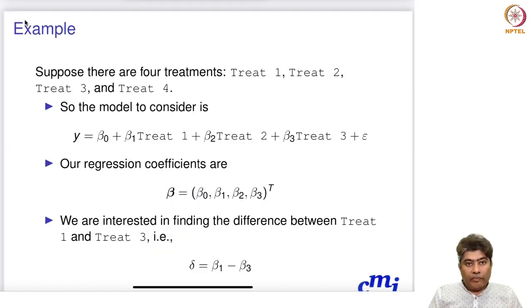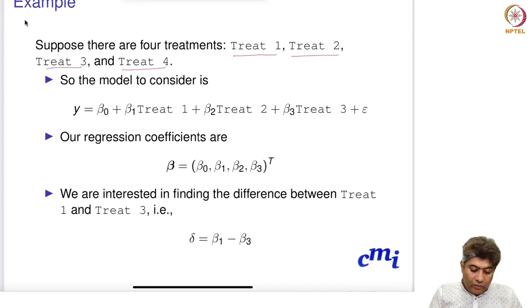Now another example we will do. Suppose there are 4 treatments, treatment 1, treatment 2, treatment 3 and treatment 4. These are the 4 treatments, and we consider the model y equal to beta naught plus beta 1 times treatment 1, beta 2 times treatment 2, beta 3 times treatment 3, and an epsilon.